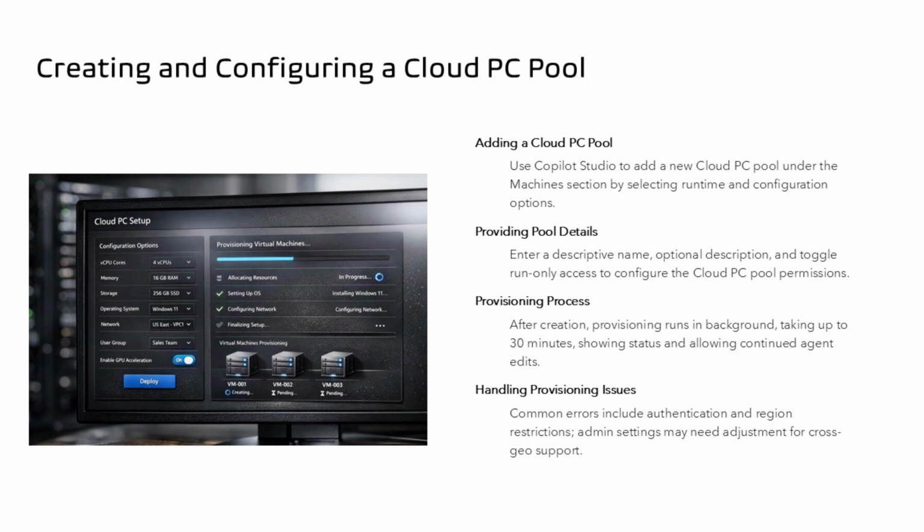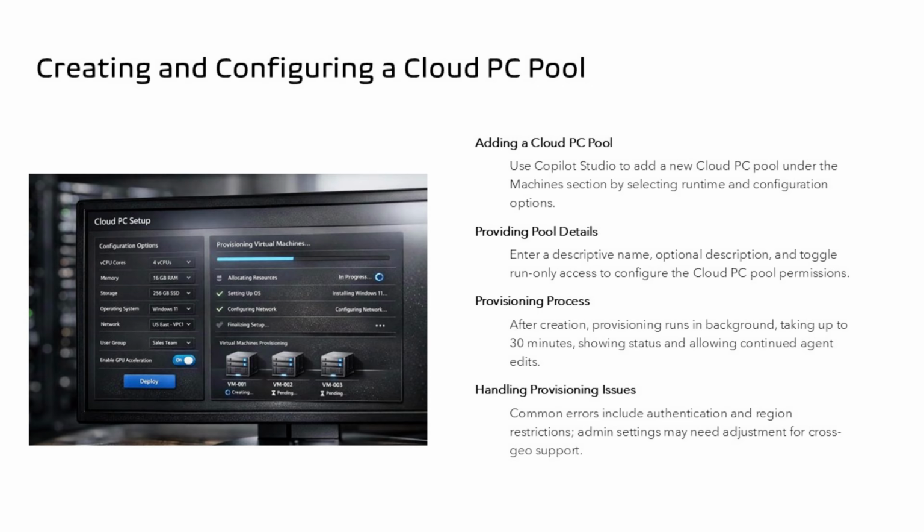Just to recap, what we have seen so far is enabling the Cloud PC setting in the PPAC Center, and then coming to the agent, adding the Kua as a tool, and then adding Cloud PC pool as one of the runtime options for the agent that we have created.